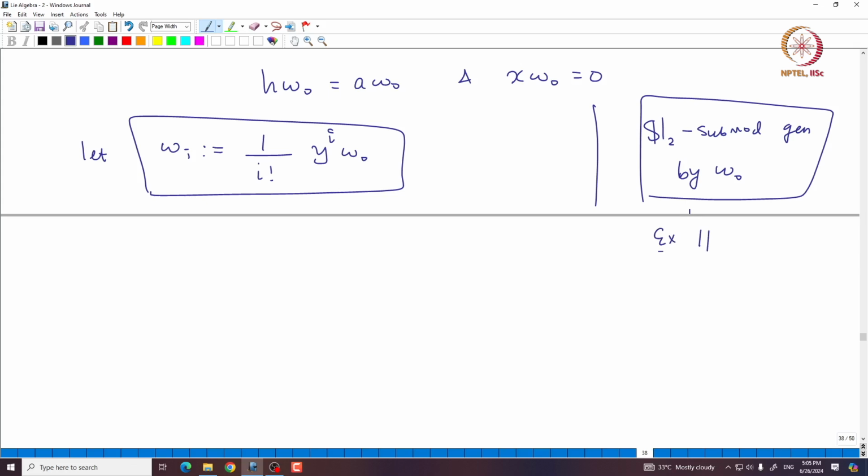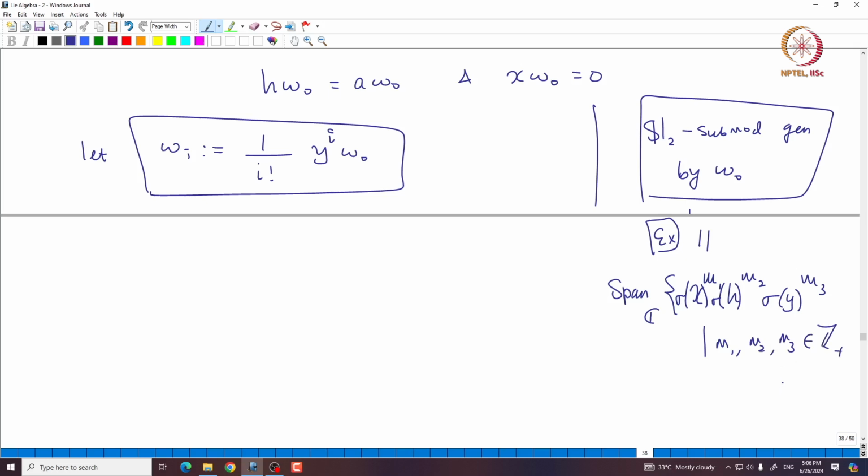This is a simple exercise which says that this is going to be the span of some complex number where you can take all possible powers, like x to the power m1, h to the power m2, y to the power m3, applied in the order given by sigma. Here m1, m2 and m3 are various exponents running over Z plus, and sigma is just a permutation of these 3 letters x, h and y.